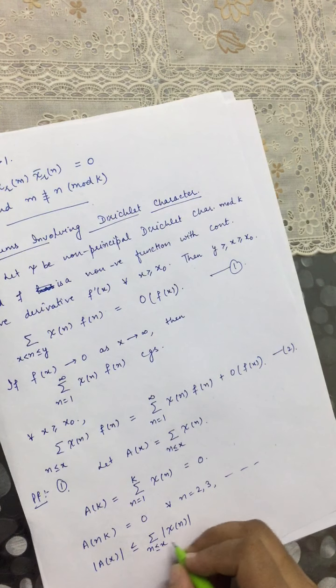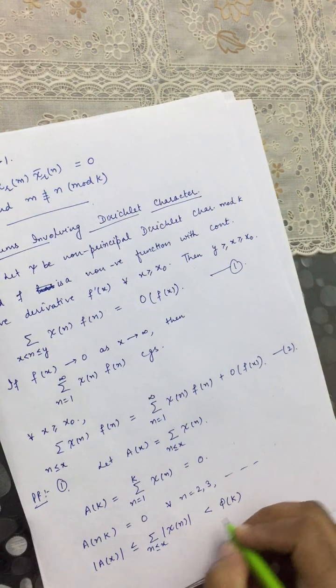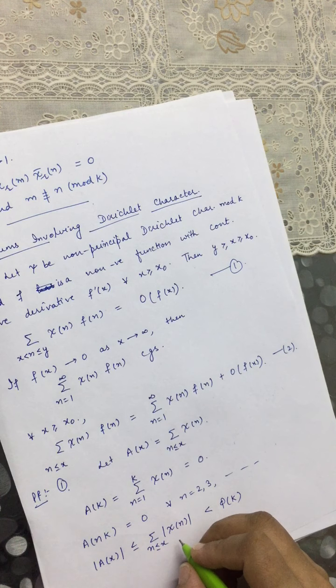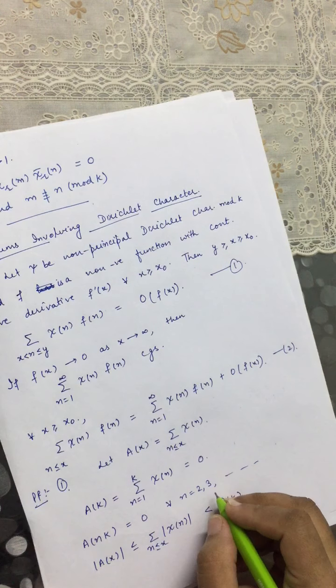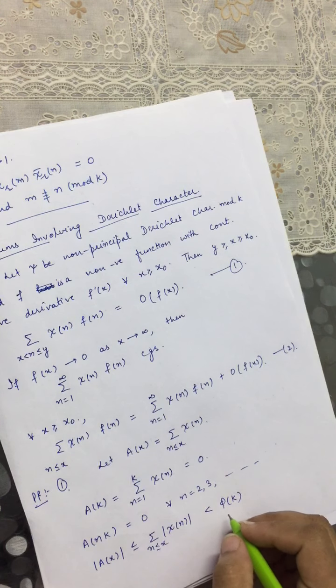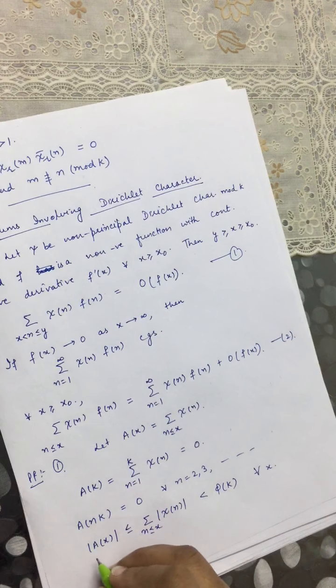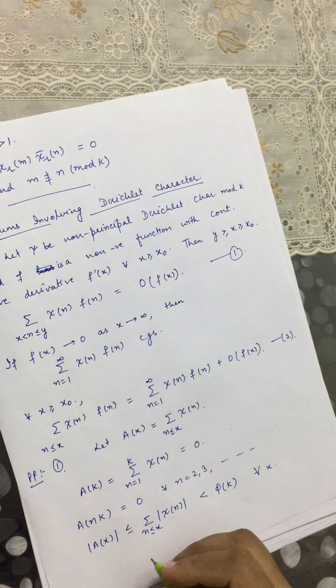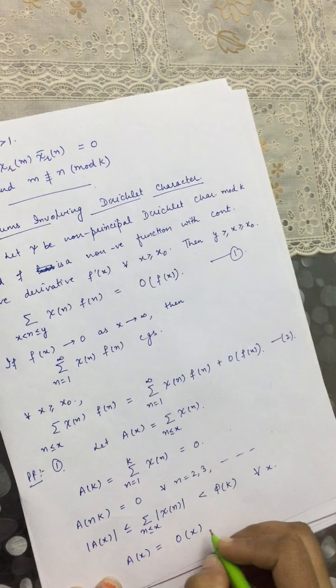So this summation is less than phi k, because there are only phi k integers which are co-prime to k, and by periodicity A of k is 0. So mod of A x is less than phi k for all x. Since phi k is a fixed quantity, we can write A x as just order of 1.